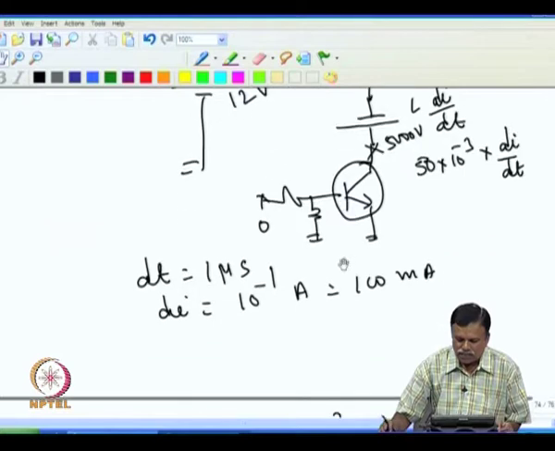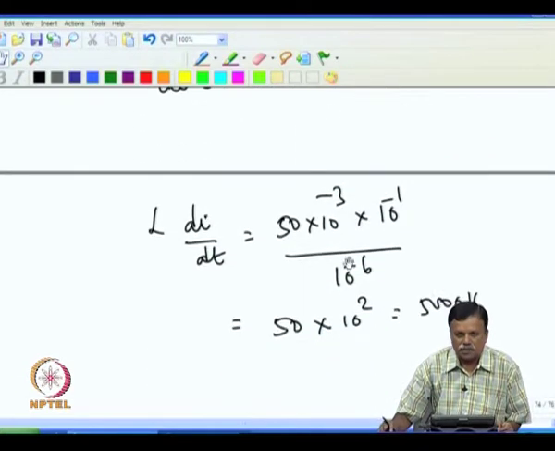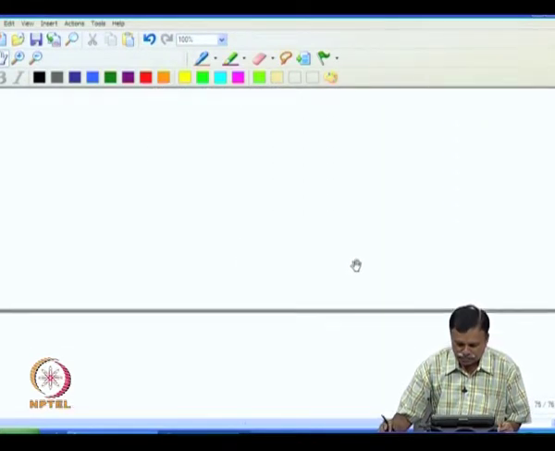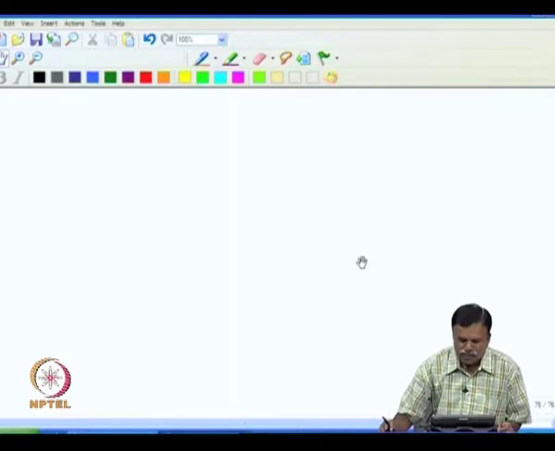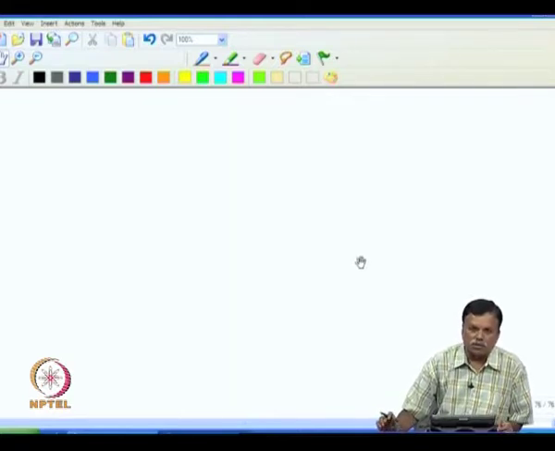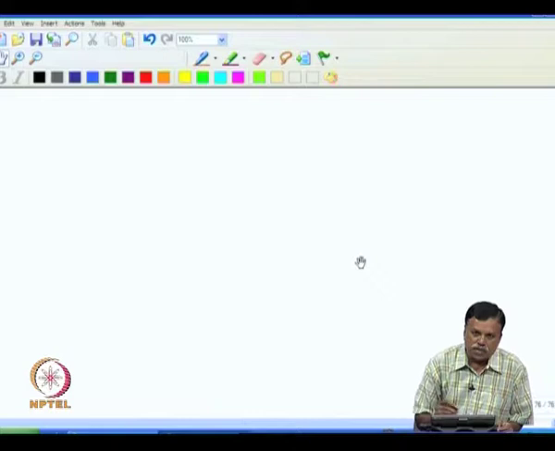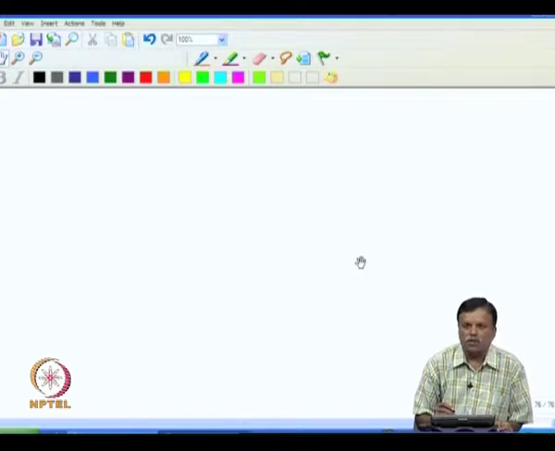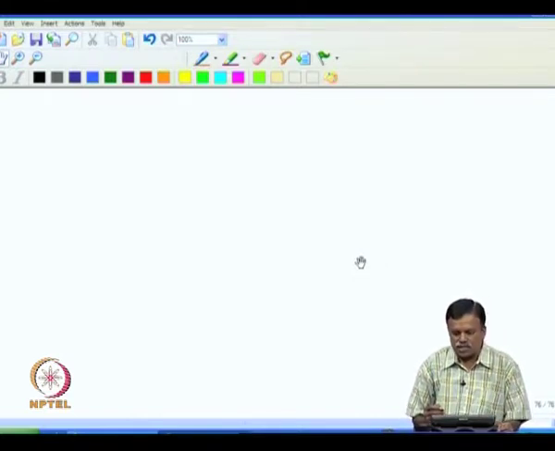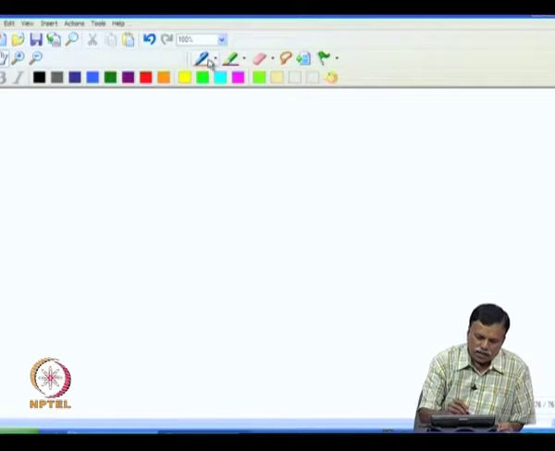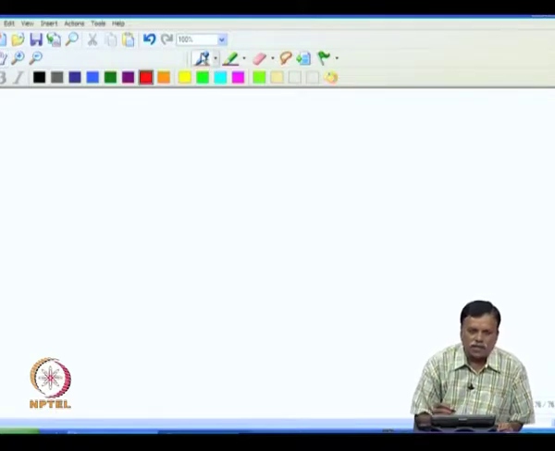Now, next we see other applications of transistors. We have seen how to switch a relay using a transistor. We can also use a transistor to switch another transistor on and off at a particular voltage.